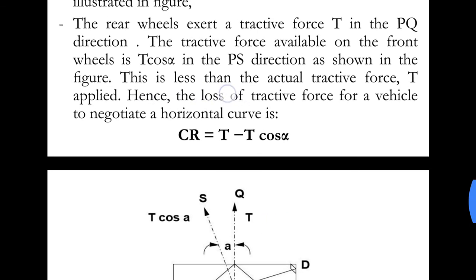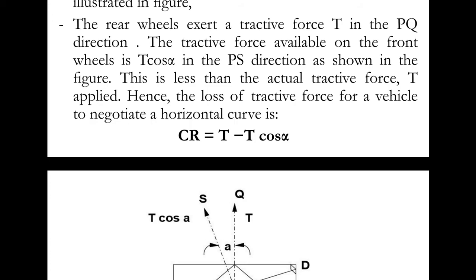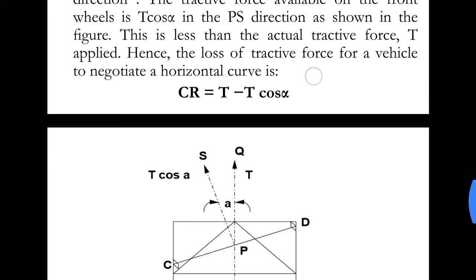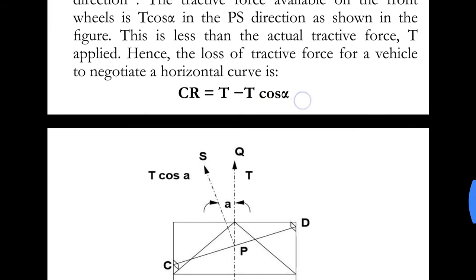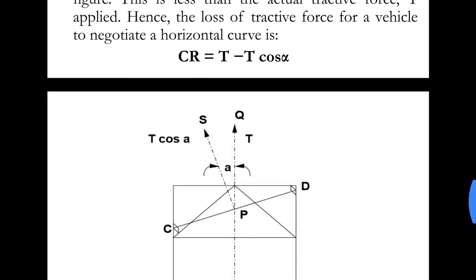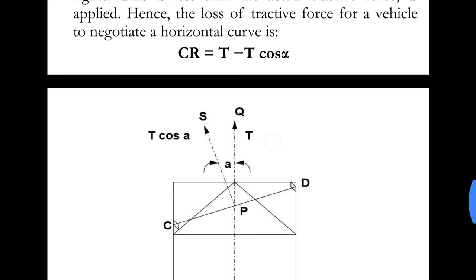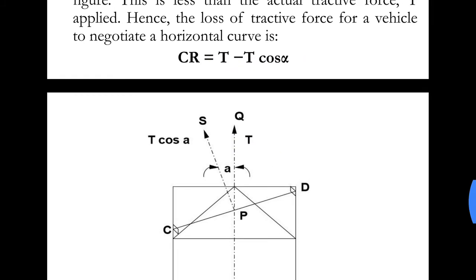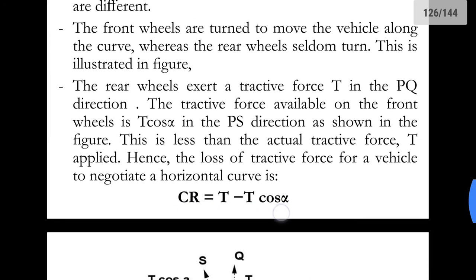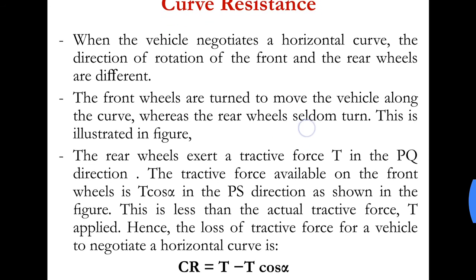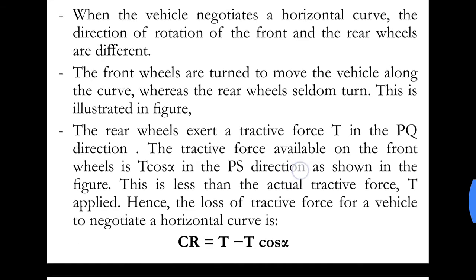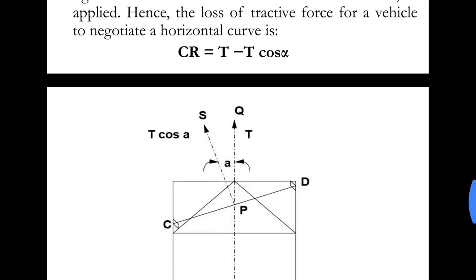Hence, the loss of tractive force for a vehicle to negotiate a horizontal curve is given as curve resistance CR equal to torque in the straight direction capital T minus torque while steering T cos alpha. So this is nothing but the curve resistance offered during any turning operation on a horizontal curve.